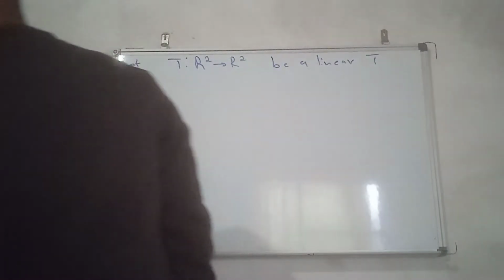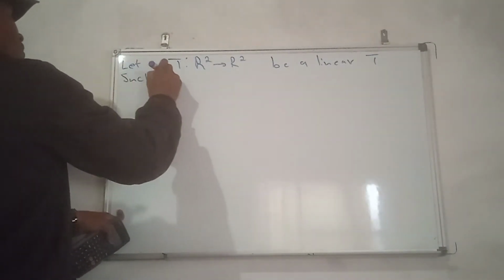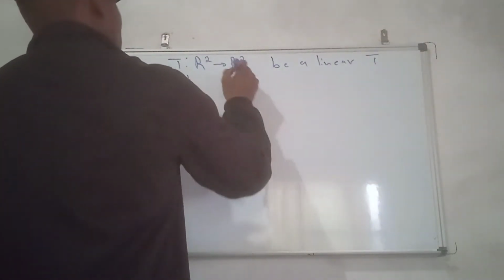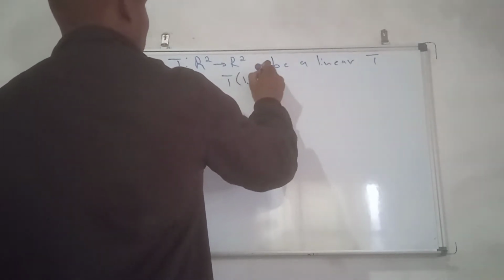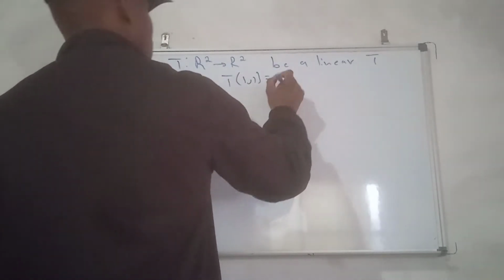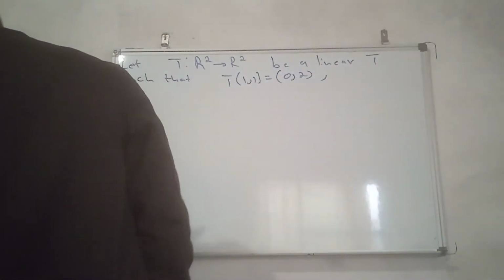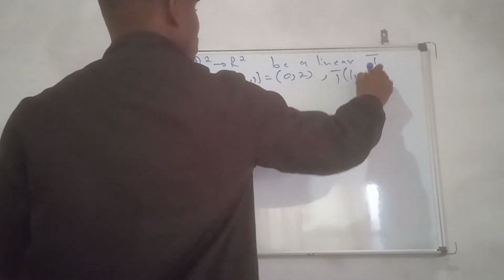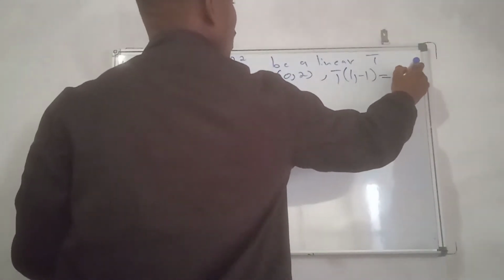T means transformation, such that T(1, 1) equals (0, 2) and T(1, minus 1) equals (2, 0).